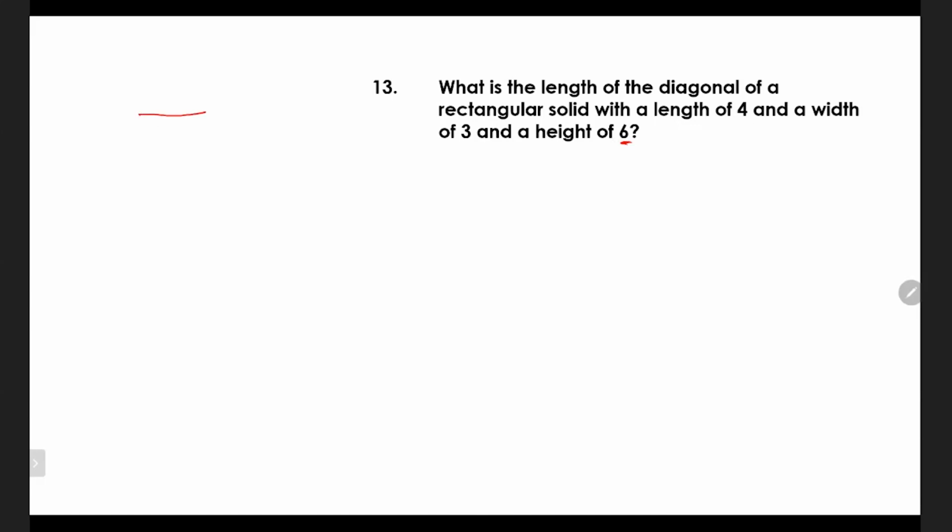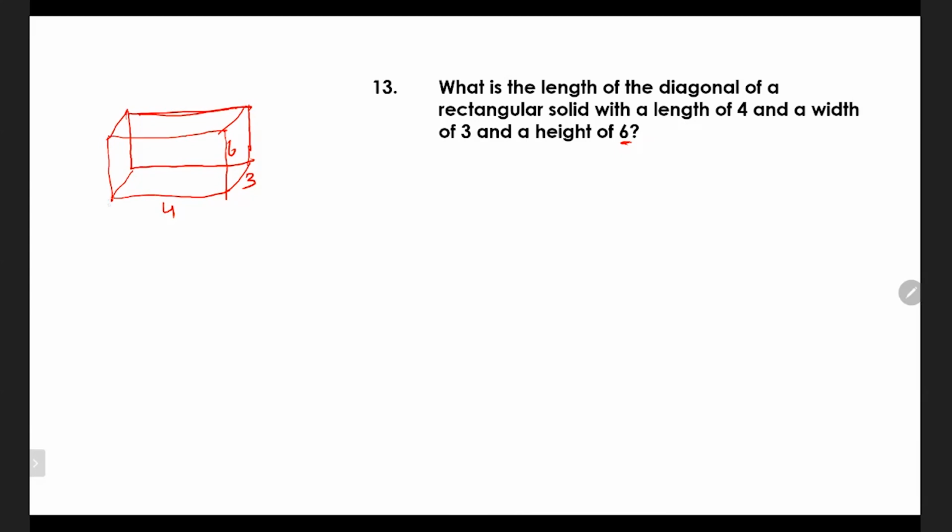So let us take a cuboid. This is the cuboid. In that, length is given as 4 units, width is 3 units, and height is 6 units. This is what is given.